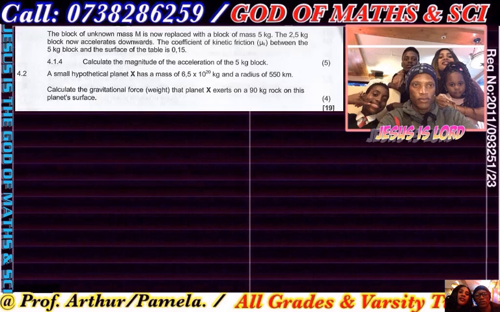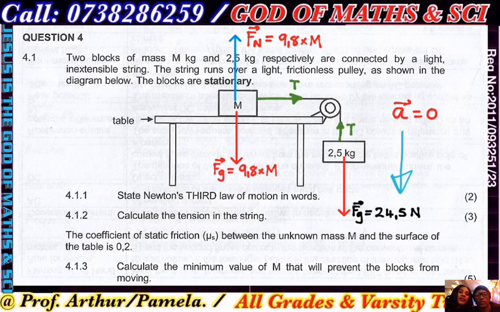Now they say to us, the block of unknown mass M is now replaced with a block of mass 5 kilograms. All right, so now let's go back here. We're now doing the changes.